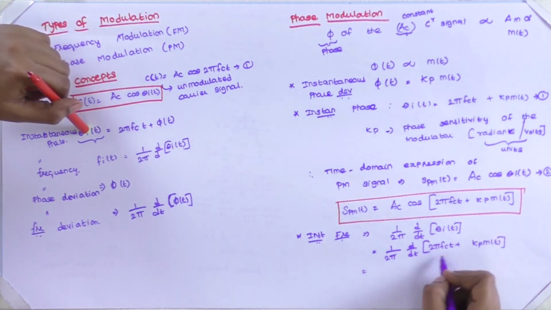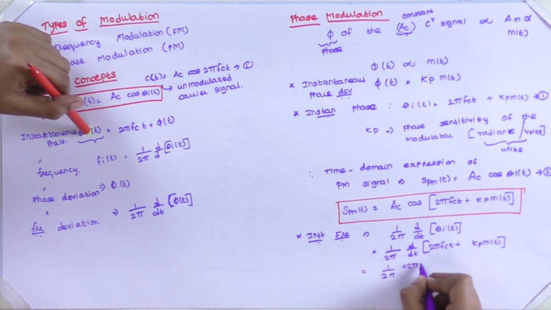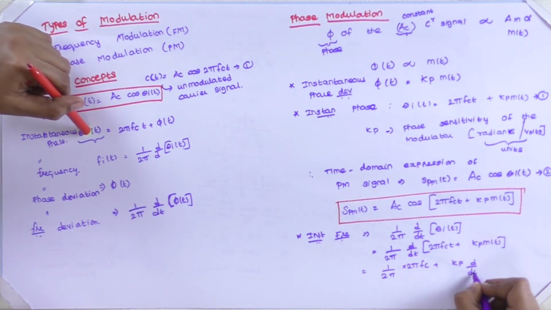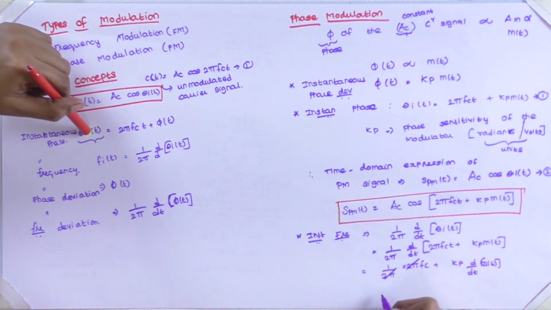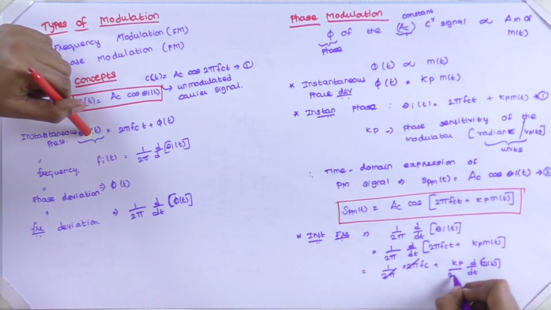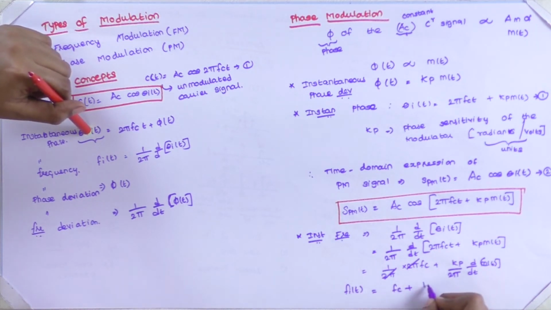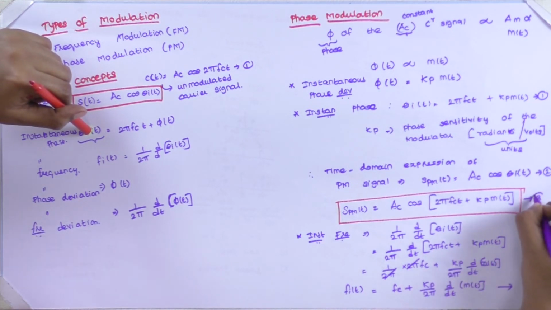When you differentiate with respect to t, 1 by 2 pi into 2 pi fc plus Kp, which is a constant, into d by dt of m of t. This 2 pi and this 2 pi will get cancelled. Here you will get again a 2 pi. Therefore, our fi of t, the instantaneous frequency, is given by fc plus Kp by 2 pi d by dt of m of t. This is our equation number 4.